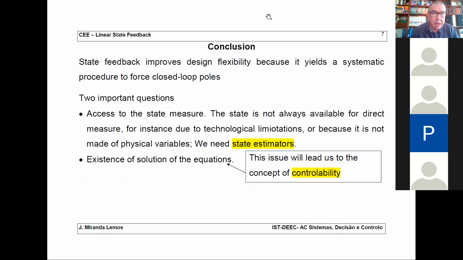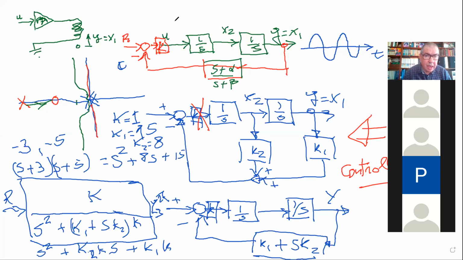Okay, let me again go to the whiteboard and ask for your capabilities of invention. So let me clear everything.